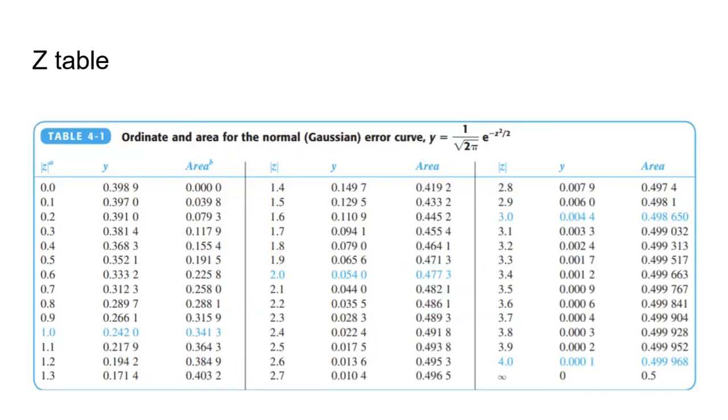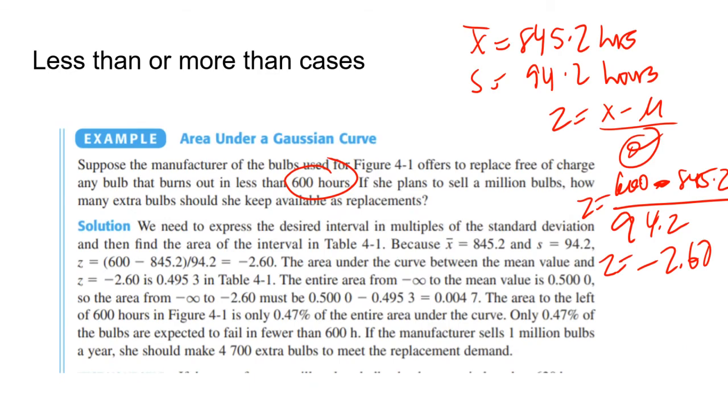If you look at negative 2.60 on this table, I read 2.6 and 0.00, perfect, it's right here. Remember, I don't need the y, so I'm just reading right here, and I saw 0.4953. Remember, 0.4953 is just the area within that 600 hours.